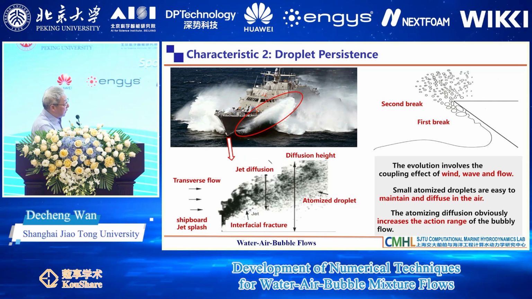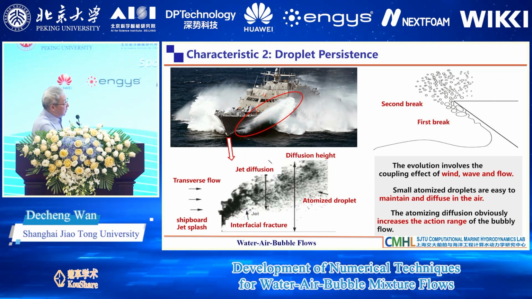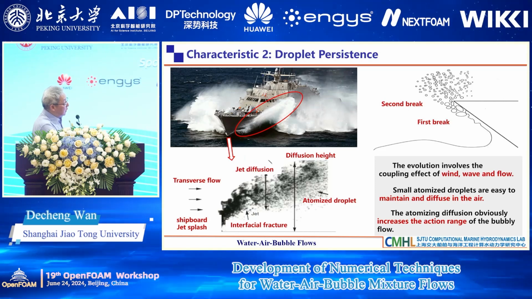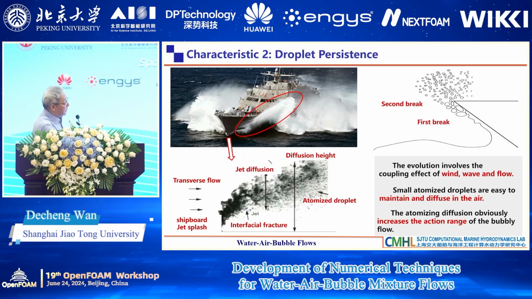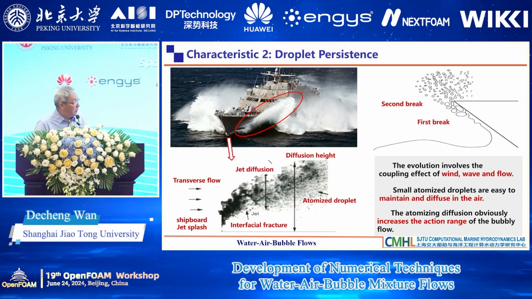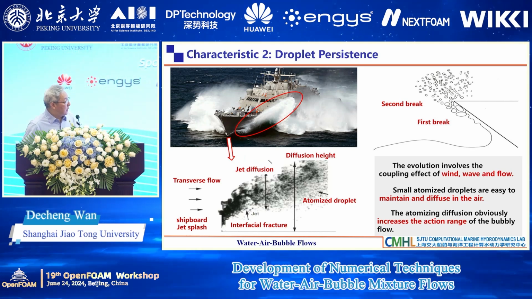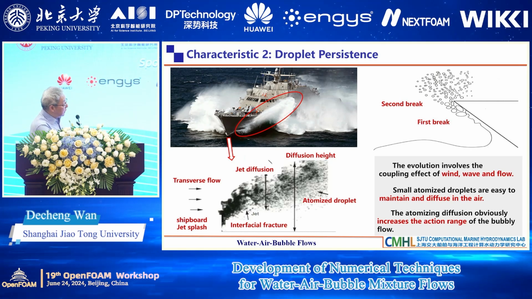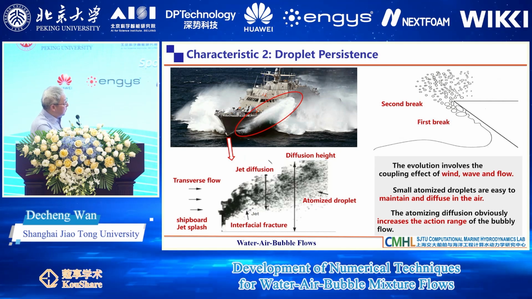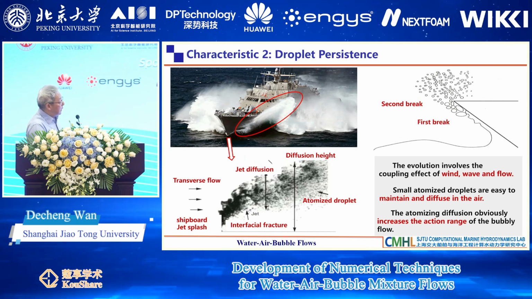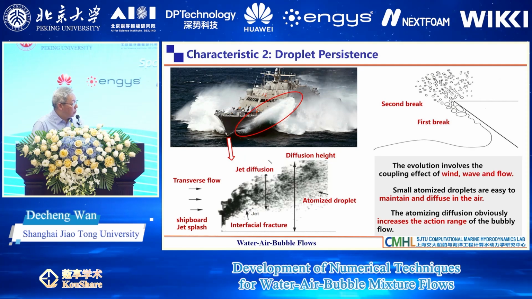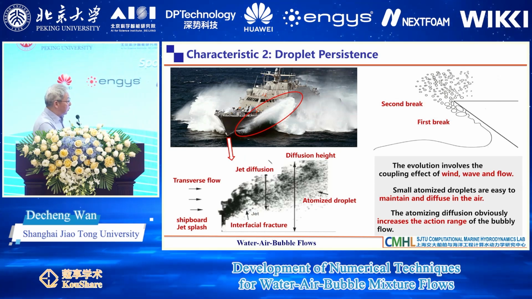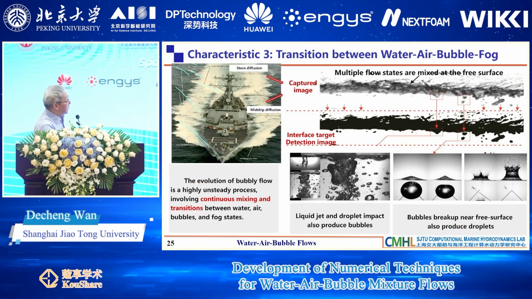So you can see there's first a breaking to generate droplets, and also a second impact to generate droplets, and then the droplets you can see are always persistent in the air. So you should also provide continued energy to the little droplets.